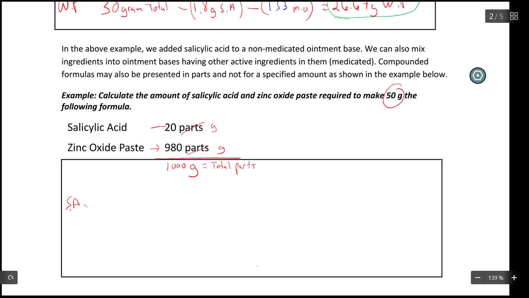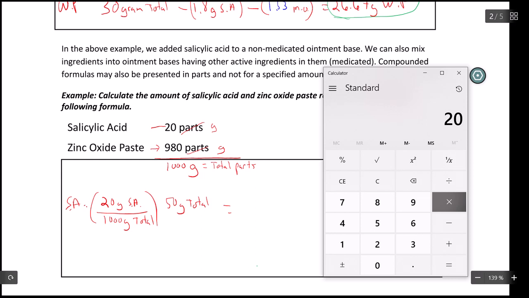For the salicylic acid, it says that we need 20 grams every time we want to make 1,000 grams total. If I want to make 50 grams total, what do I need? I've got my 20 divided by 1,000 times my 50, I get 1. This is 1 gram of salicylic acid.